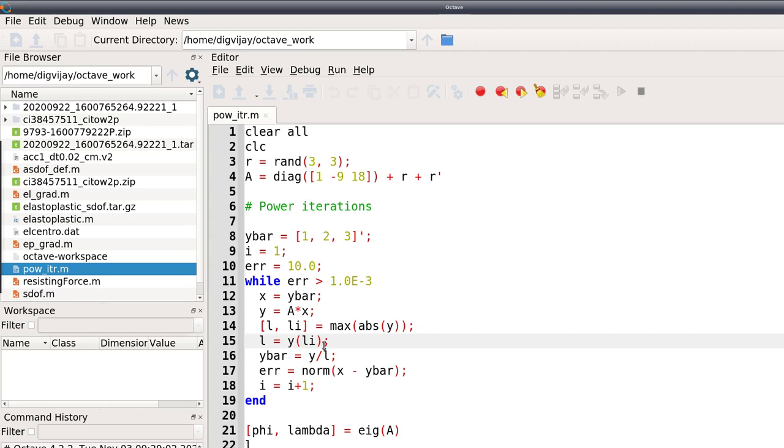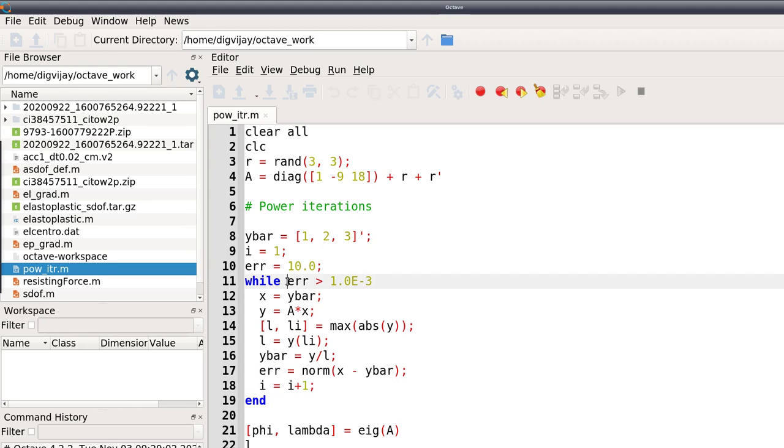Here I am just getting the infinity norm as L. That's the only thing I can say about it now. This L is our infinity norm, and y bar is equal to this y value divided by the infinity norm L. Then I find out the error and continue the iteration.